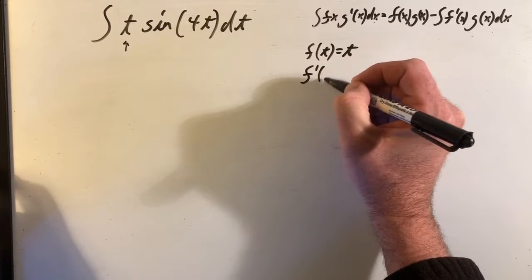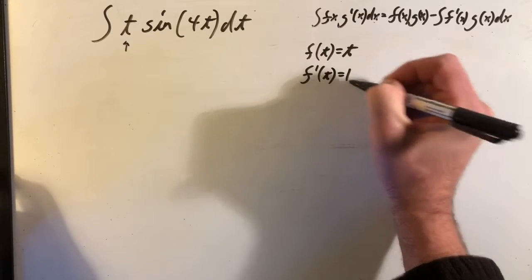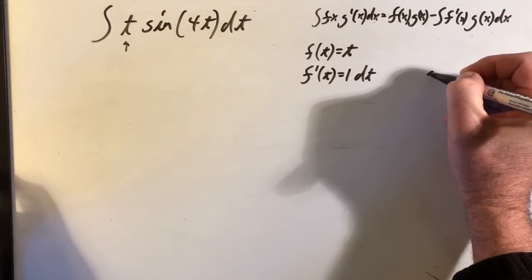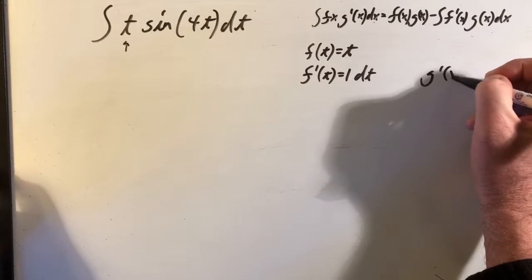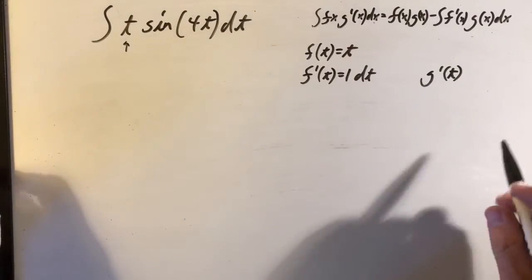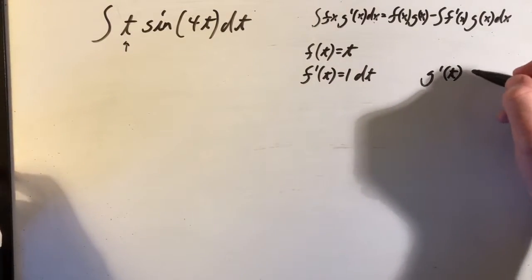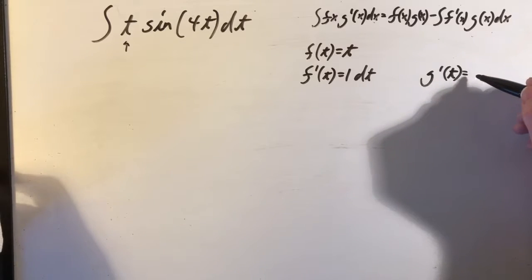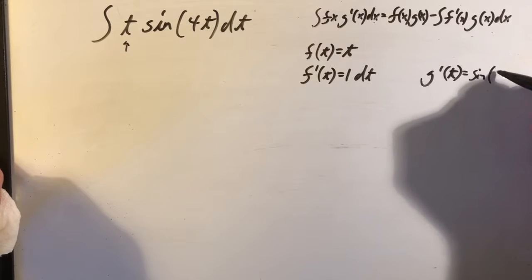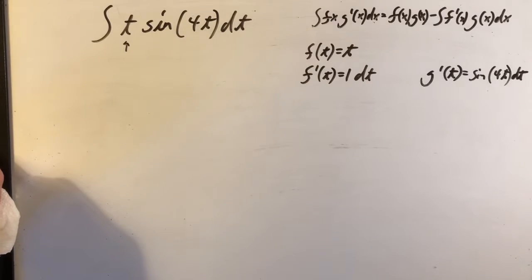F prime of t would then be equal to 1 dt. And then I'm selecting g prime of t. I'm going to probably write in x a few times because I'm just by habit. I'm going to try not to do that. But that's going to be equal, I'm going to set it equal to sine 4t dt.